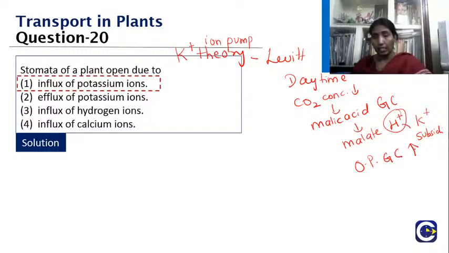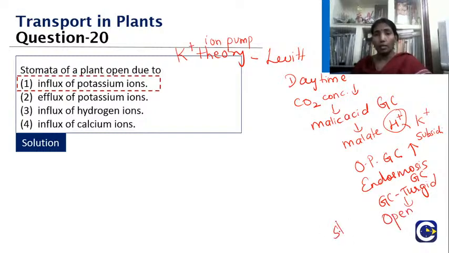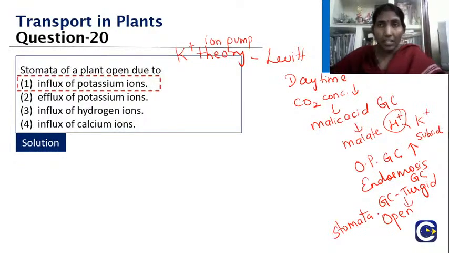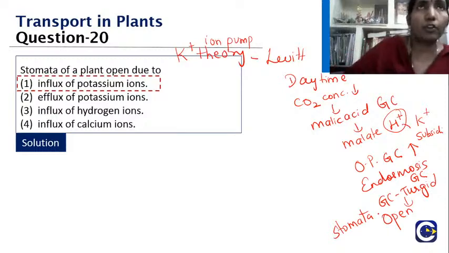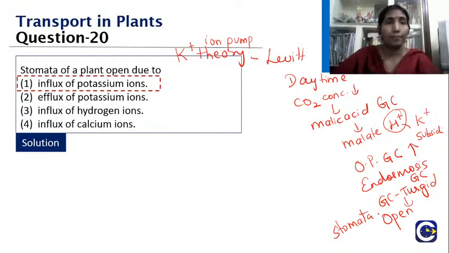It will increase. So what will happen because of that? There will be endosmosis in the guard cell, so that the guard cells will become more turgid, as I said earlier, and that will make the stomata open. So these are the sequence of events that will happen. So the influx of potassium ions is responsible for the stomatal opening. Okay, that was one of the proposed theories given by Levitt.